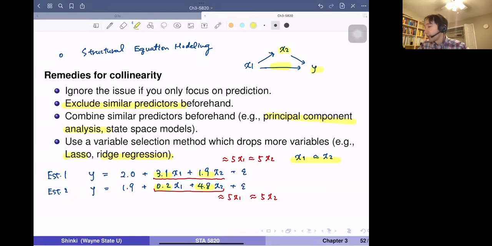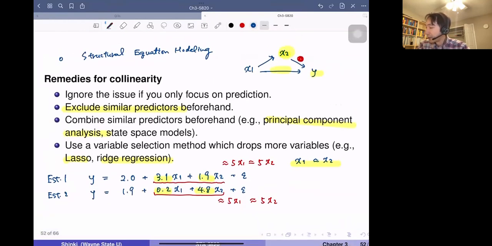So in this way, you can also calculate the total impact of x1. Right? So if x2 comes in, then x2 explains almost everything, but this may be a large impact, but also we can calculate the indirect impact of x1 to y, so that we can see the total impact of x1.